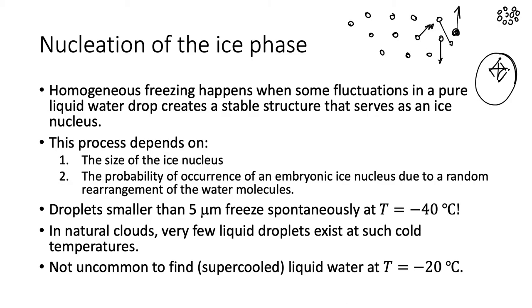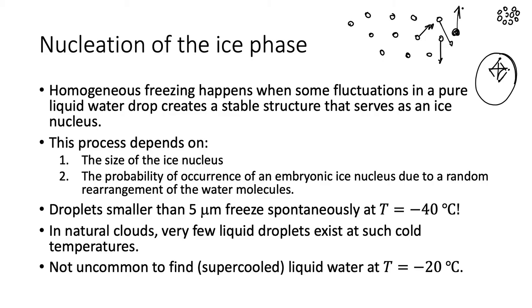And so what happens usually is that there needs to be an ice nucleus around which these things should form. The ice embryo is what we call it. That is similar to the cloud condensation nuclei that we saw for liquid nucleation.